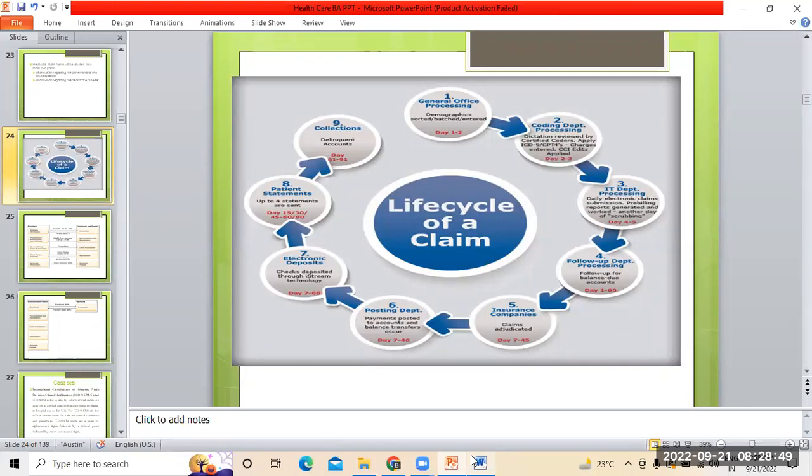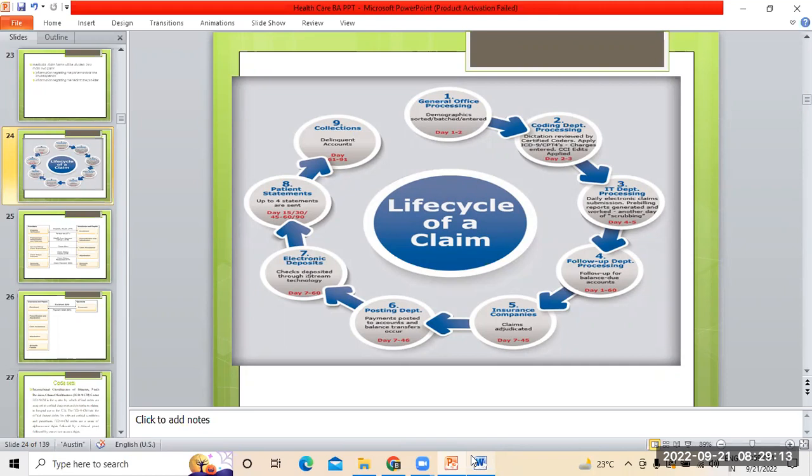So once the adjudication process is done, once the valid information is provided by the healthcare provider, they have to make sure that all the information is given here. If so, next the posting department processes the payments and everything else.